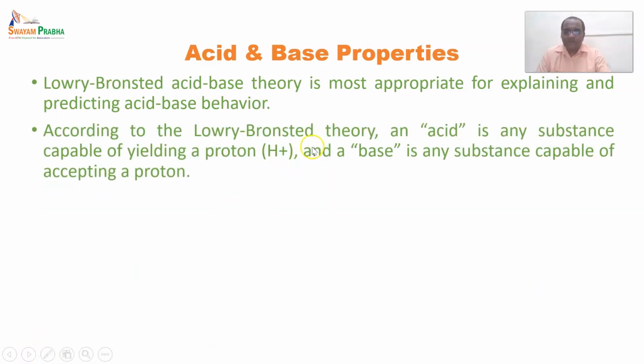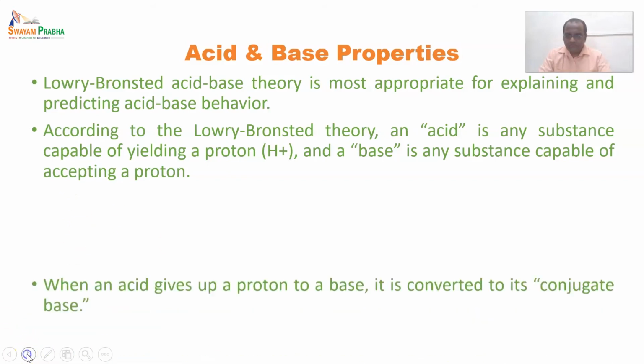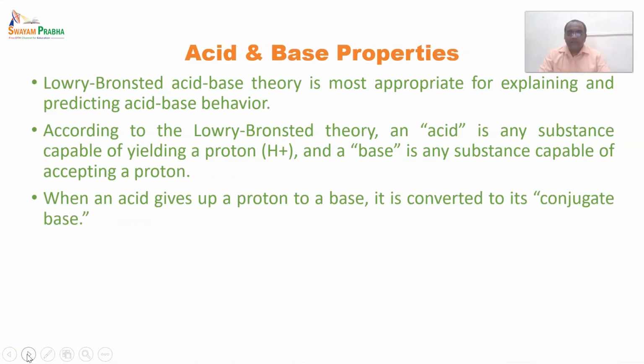According to the Lowry-Bronsted theory, an acid is any substance capable of yielding a proton, meaning donating a proton, and a base is a substance which is capable of accepting a proton. When an acid gives up a proton to a base, it is converted to its conjugate base.